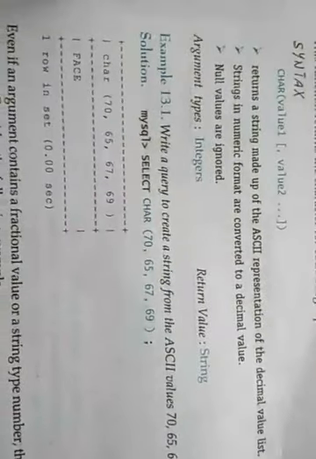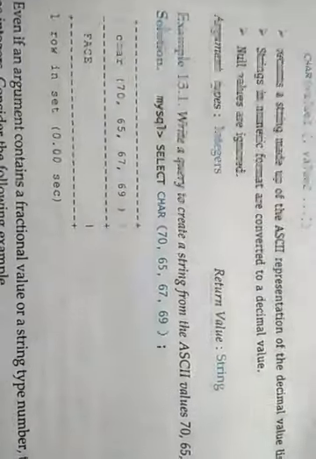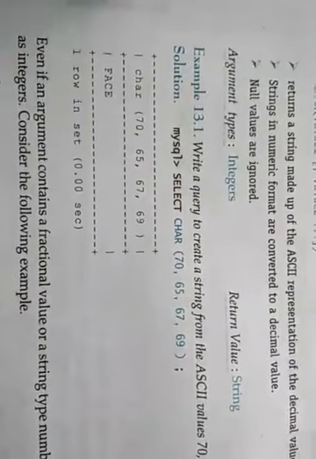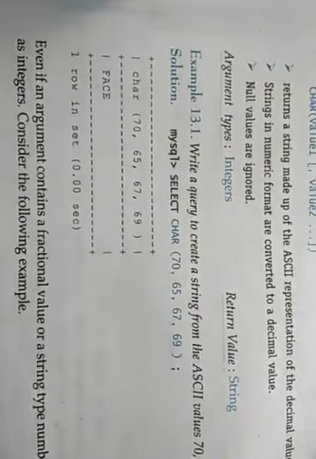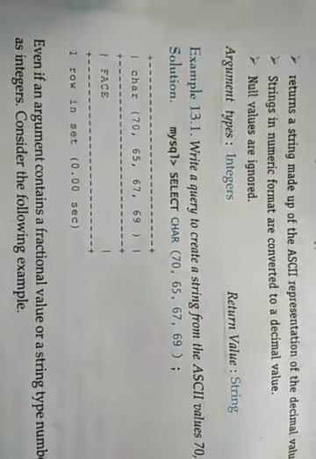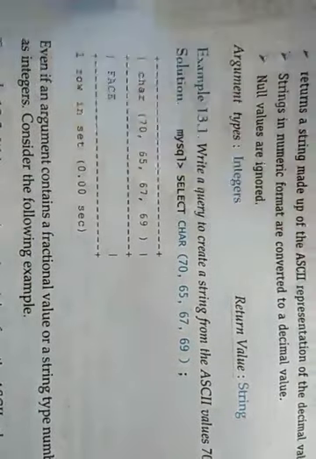The last character, small z, is 122. So here we are getting the answer FACE, because 70 is F, 65 is A, 67 is C and 69 is E.